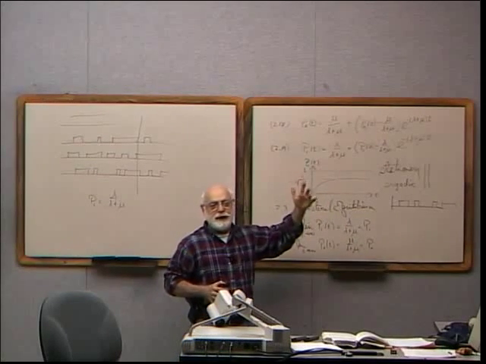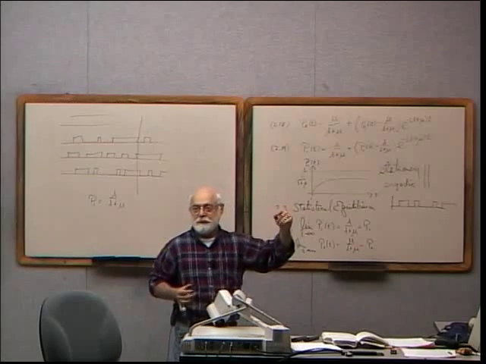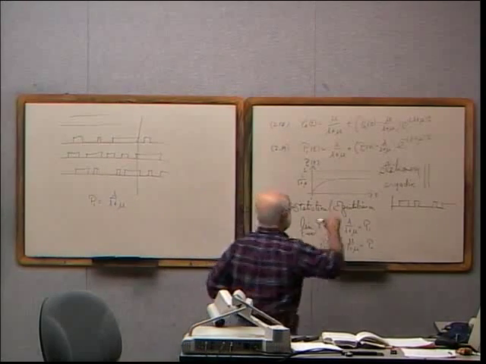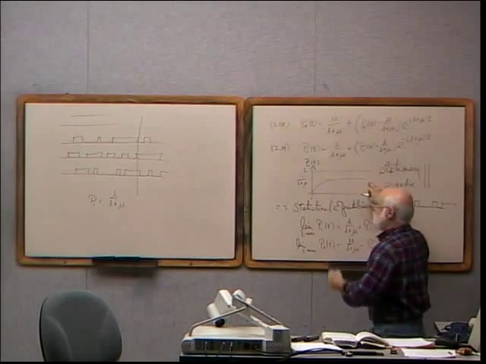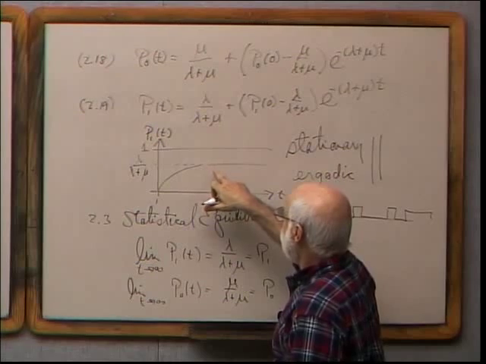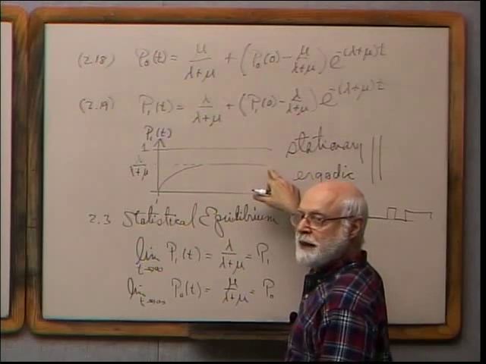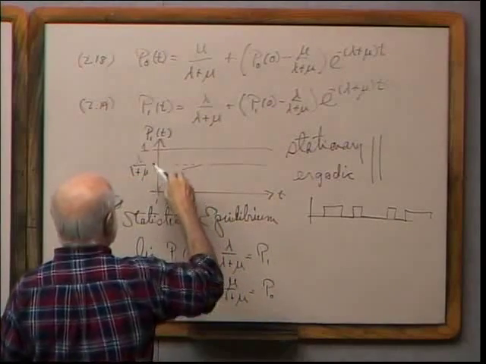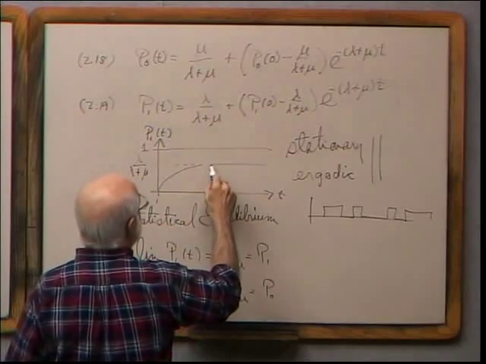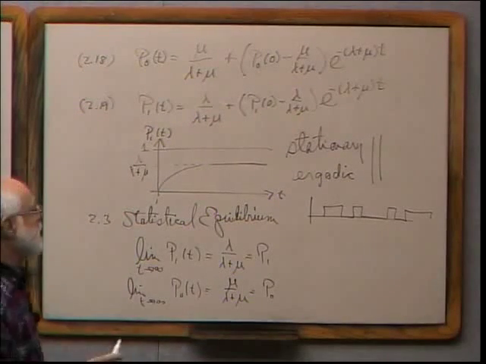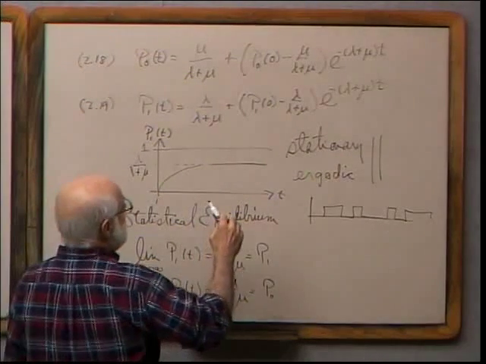Okay. So the answer is, well, look at this diagram right here, and you could show from mathematics that as t goes to infinity, the derivative goes to 0. Right? If the function is going to approach a limit, and that's the only reasonable thing to assume, it certainly shouldn't approach the limit by oscillating.